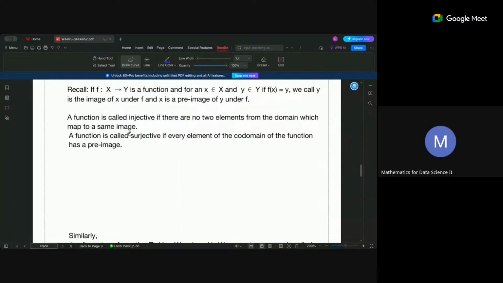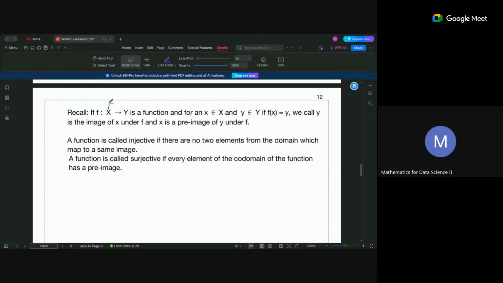Okay. First of all, if you have a function f from X to Y, so you know that X is called the domain and Y is the codomain. And for an x in X and y in Y, if f of x is equal to y, we call y an image of x under f, and x a pre-image of y under f. What is the image and pre-image?